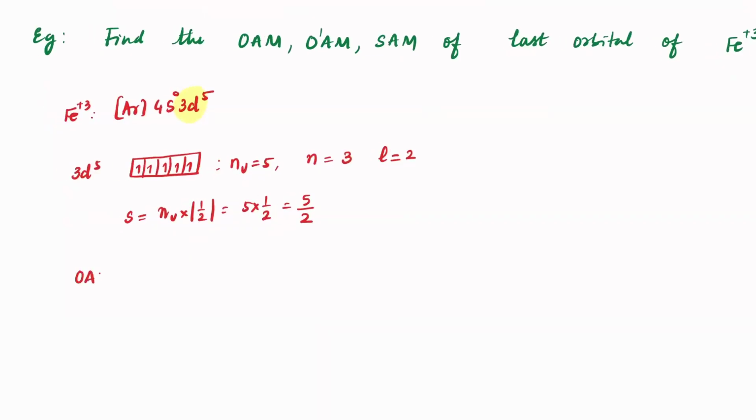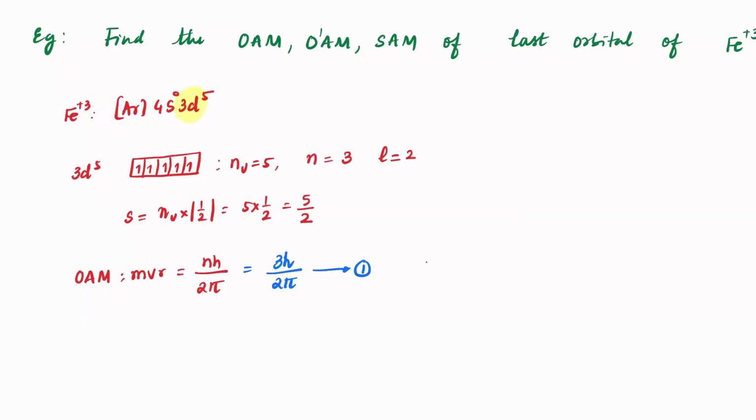So orbit angular momentum, which is also written as mvr, is equal to nh by 2 pi. If I substitute the values, n value is 3, so I get 3h by 2 pi. This is the answer you need to give.